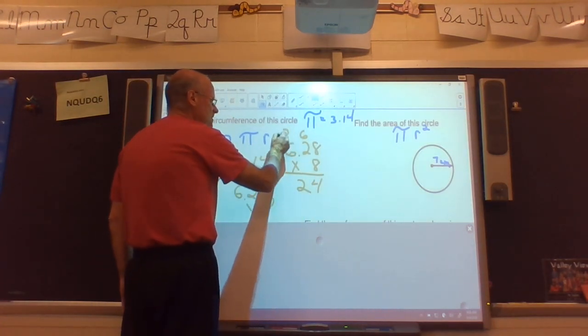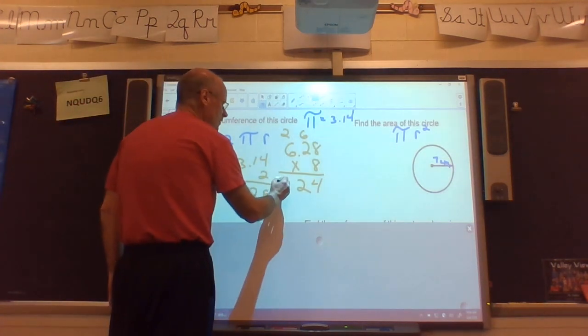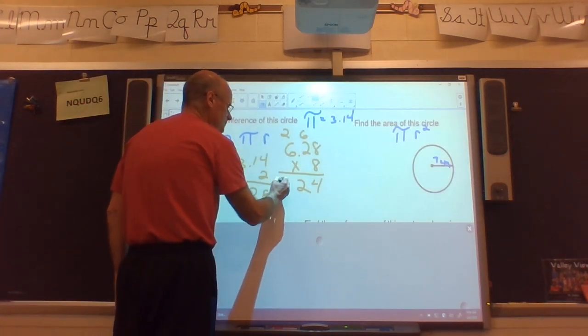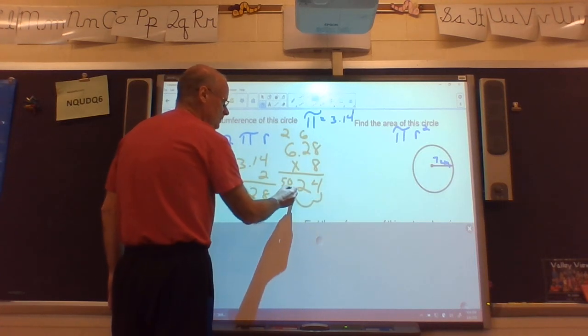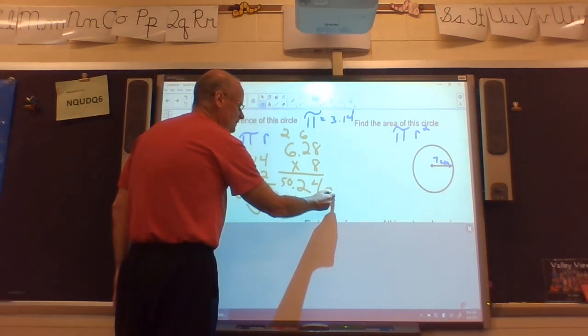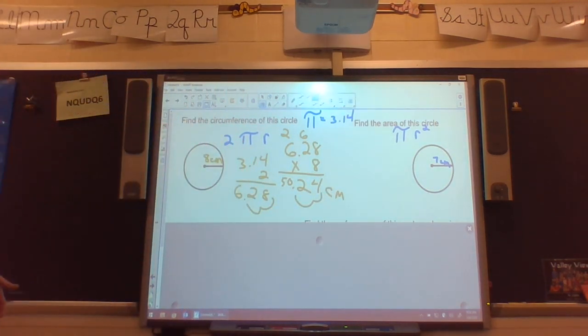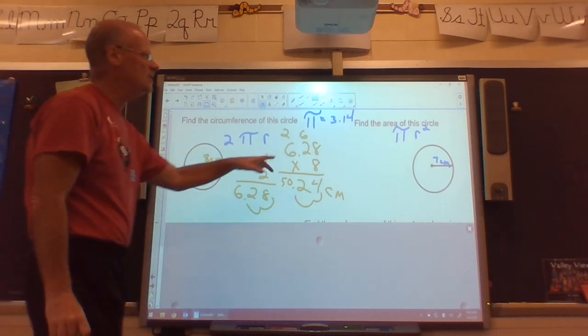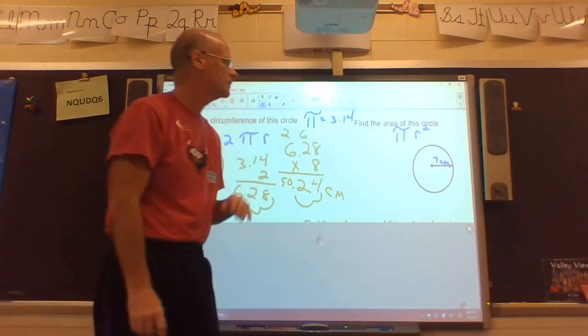Put down my 2, carry my 2. 8 times 6 is 48, plus 2 is 50. I have 2 numbers past the decimal point, so I have to move it over 2. My circumference of that circle is 50.24 centimeters.